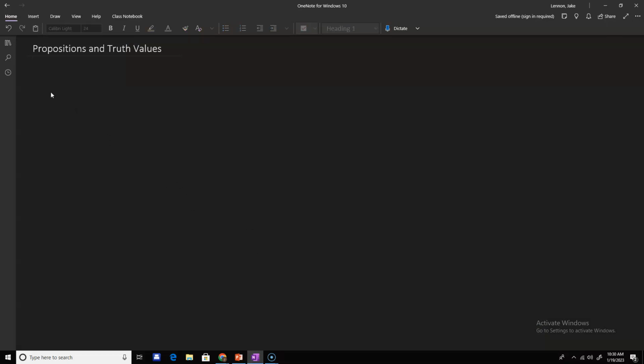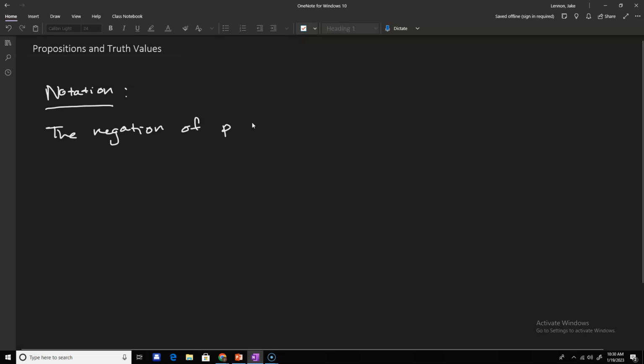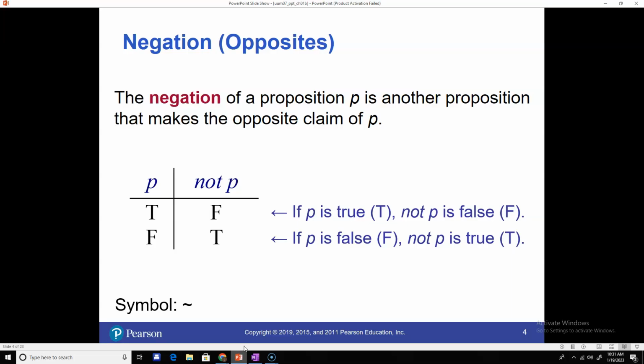So the notation: the negation of P, that is not P, is denoted by either tilde P, or sometimes in other books I've seen where they just have this line, this kind of sideways L P. So that's this book, it looks like they're just going to use tilde P, but I've also seen this. So back to the PowerPoint.